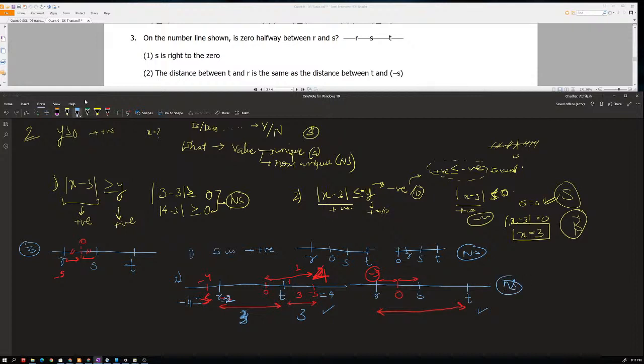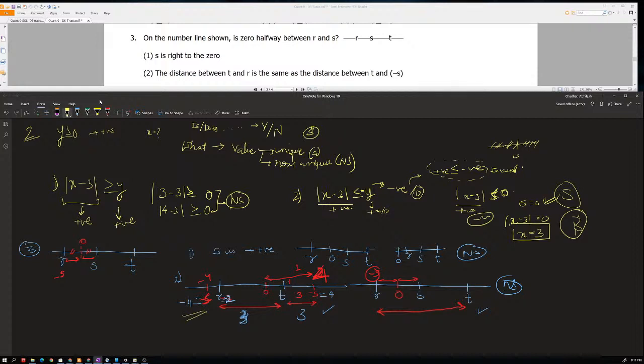This is not sufficient. The third thing that we can do is combine. This guy says S is positive, which is the first condition. So if S is positive, then in this condition S is negative.